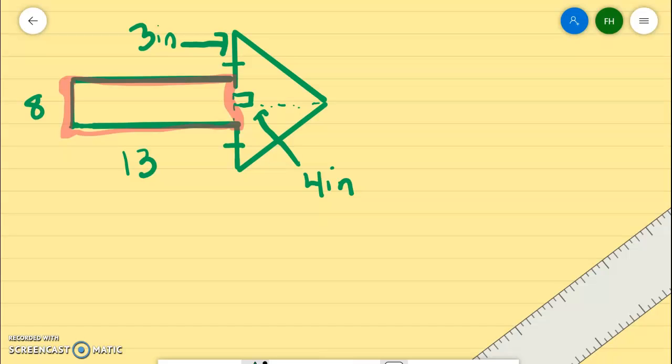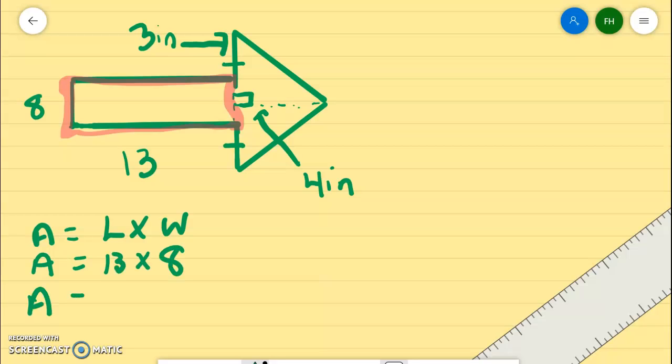We know the area of a rectangle is length times width. So our length would be 13 and our width would be 8. So the area of the rectangle is 104, and remember it's always squared inches or squared feet when it's area.